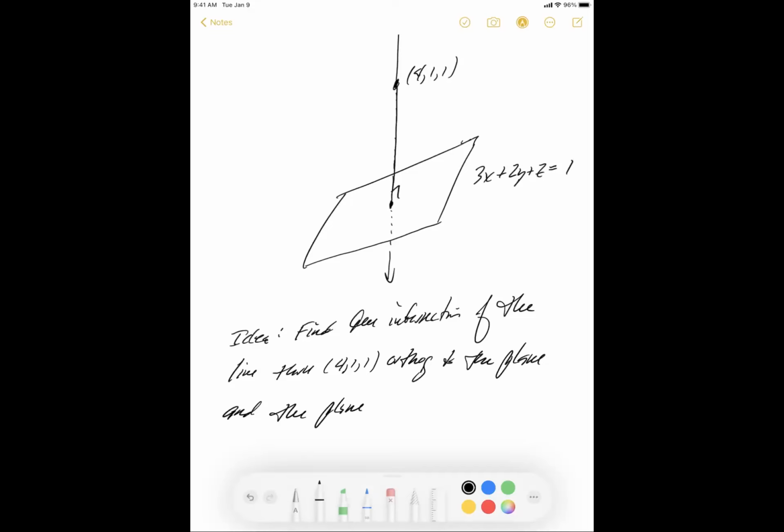That's kind of a mouthful there. So find the intersection of the line through (4,1,1) orthogonal to the plane and the plane, right? So we're looking for the intersection of the line and the plane. So we're looking for that point right there.